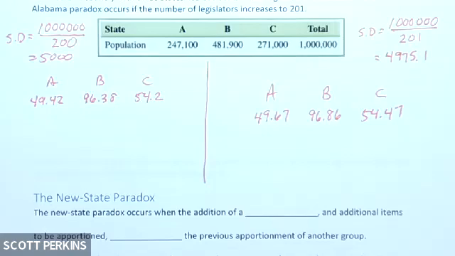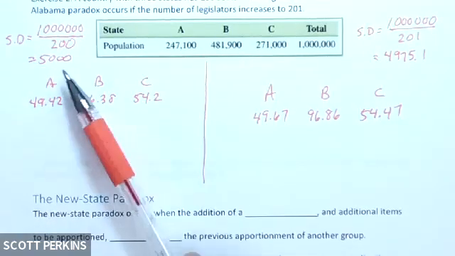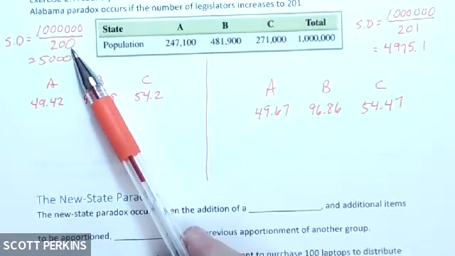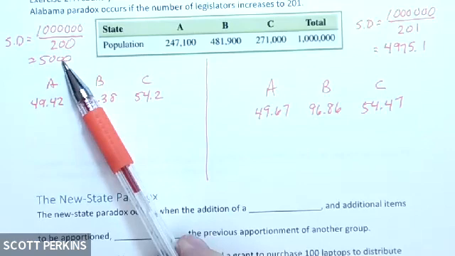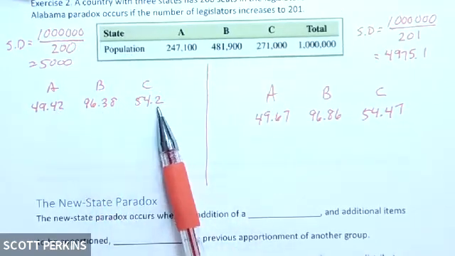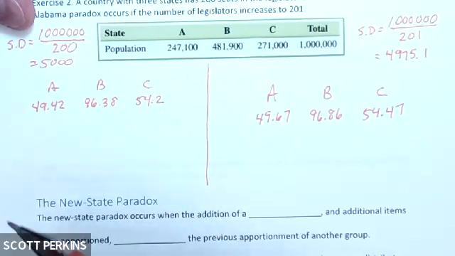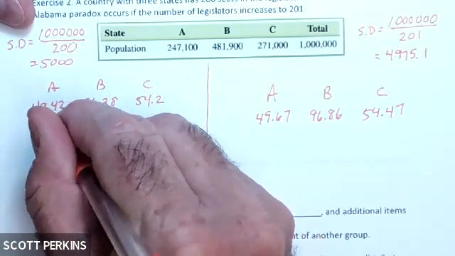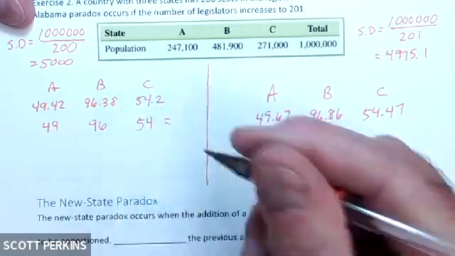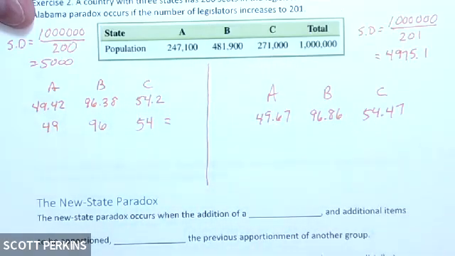All right, so just going through the numbers here. Standard divisor, when there was 200 legislators, was 5,000. Divide that 5,000 into each of the state totals to come up with these numbers right here. And so then the Hamilton algorithm says that becomes 49. This is 96. That's 54. Those three numbers there, 49, 96, and 54, what do they add up to?